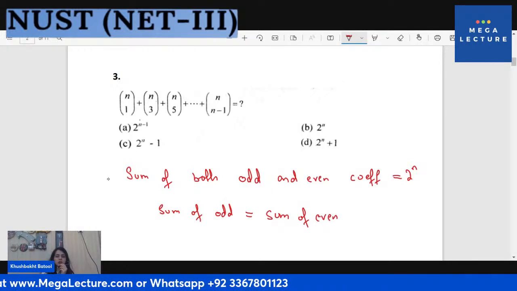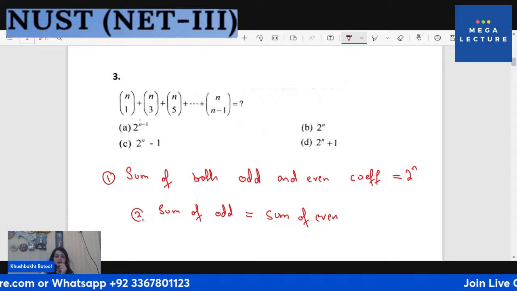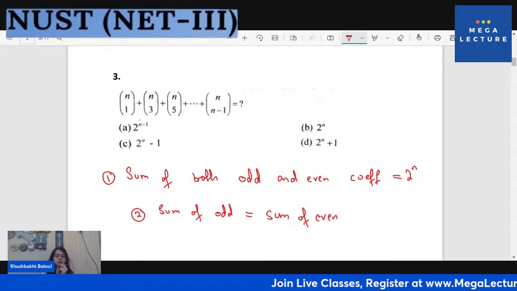This is also a rule. This is the first one and this is the second one. The sum of both odd and even coefficients is basically equal to 2 to the power n.